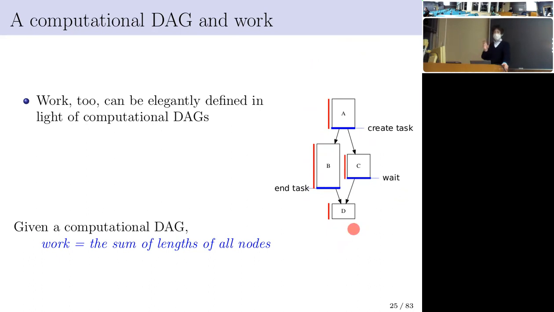Like I said, work basically represents the total amount of work represented by a computational DAG, so it's natural to define work as the sum of the execution times of all nodes. To be precise, this is the definition of work of a particular computational DAG.